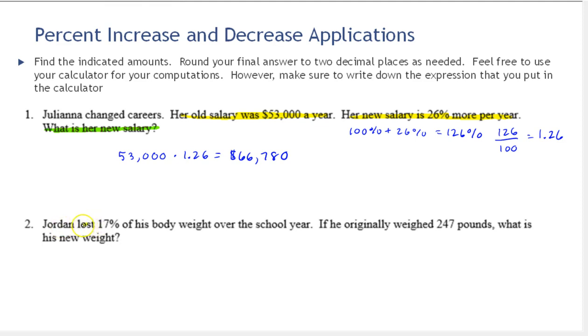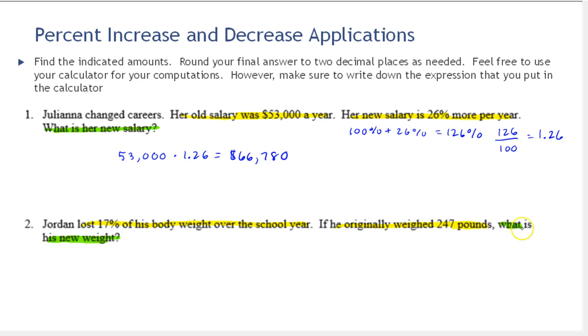Jordan lost 17% of his body weight over the school year. If he originally weighed 247 pounds, we want to know what his new weight is. Now, this is a percent decrease problem because Jordan lost weight, okay? And we're not asked how much weight he lost. The amount of weight he lost is 17% of 247.